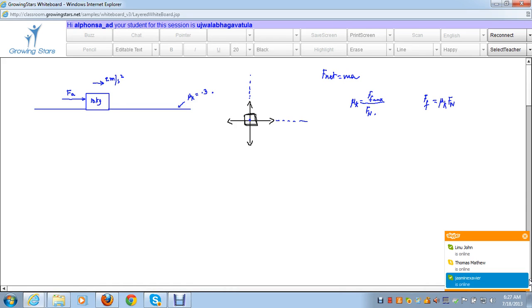But you should mark what these arrows are. What is this arrow that's going down? That is the vertical down force. Yeah, gravity, isn't it?